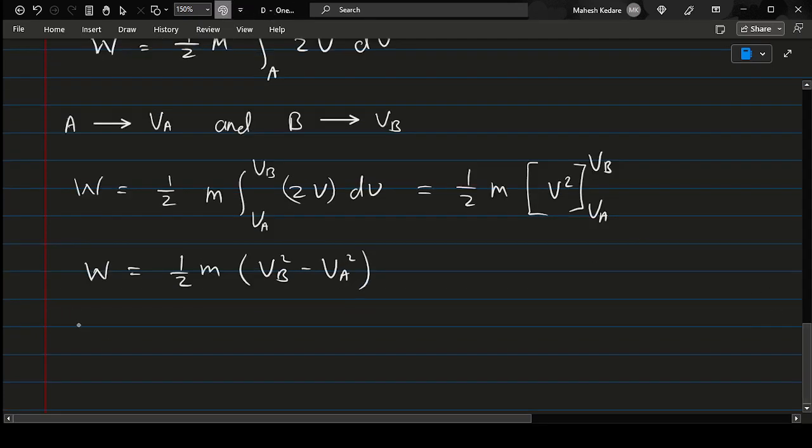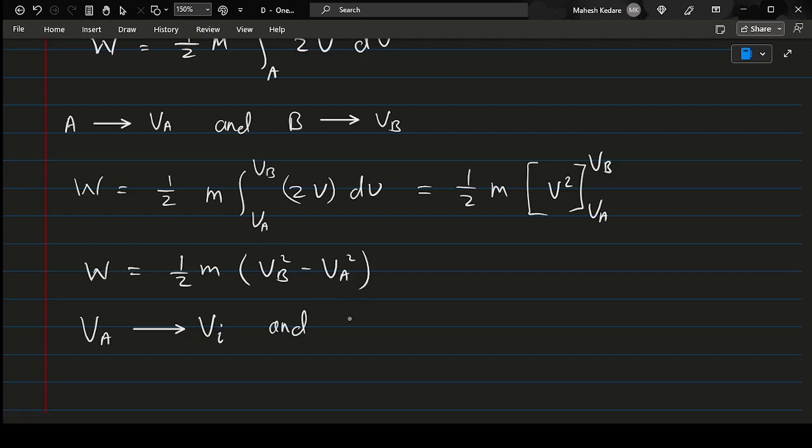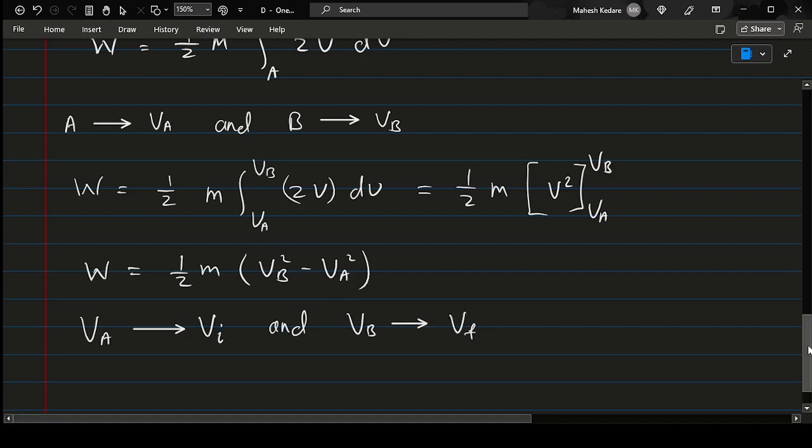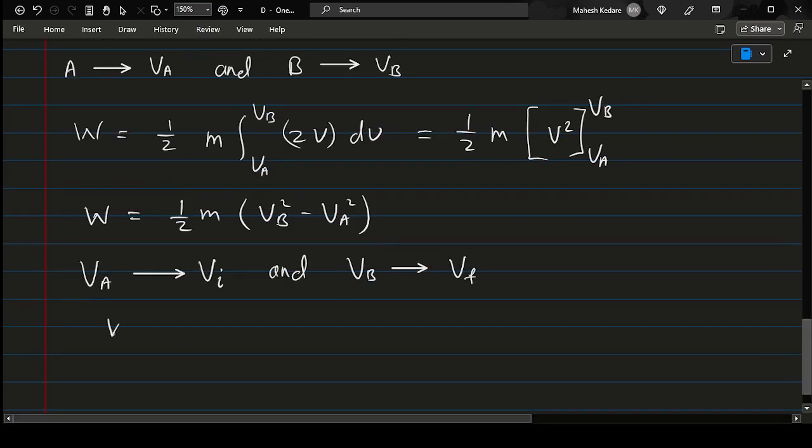The velocity at point A can be taken as the initial velocity, and the velocity at point B can be taken as the final velocity, Vf. With this replacement, we get work equal to half m, final velocity square minus initial velocity square.